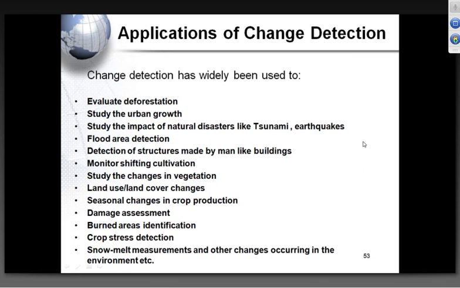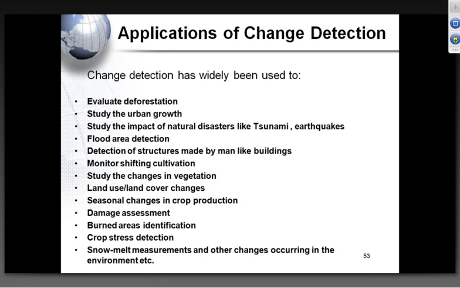Certain applications are: evaluate deforestation, study the urban growth, study the impact of natural disasters like tsunami, earthquakes, flood area detection, detection of structures made by man like buildings, as we can see in aerial photography, monitor shifting cultivation, study the changes in vegetation, land use or land cover changes, seasonal changes in crop production, damage assessment, burned areas identification, crop stress detection, and snow melt measurements and other changes occurring in the environment.